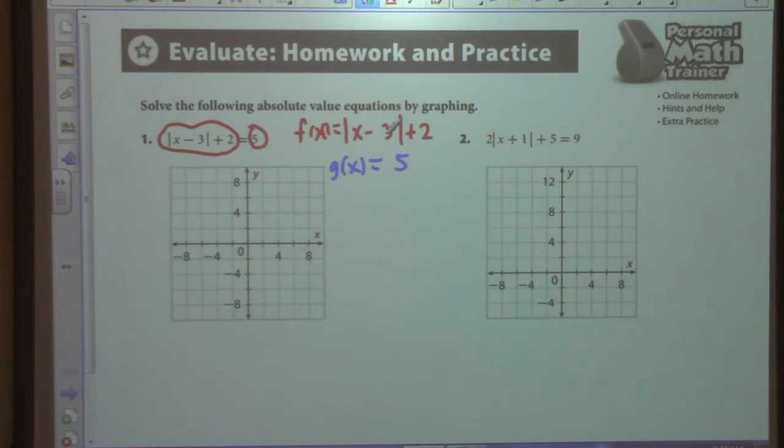Right now, for this red one, what would we see as a vertex? 3, 2, is what you'd say, right? These are counting by 2s.